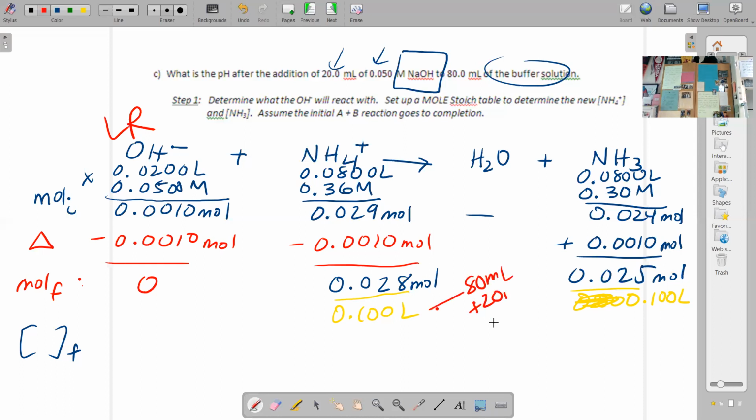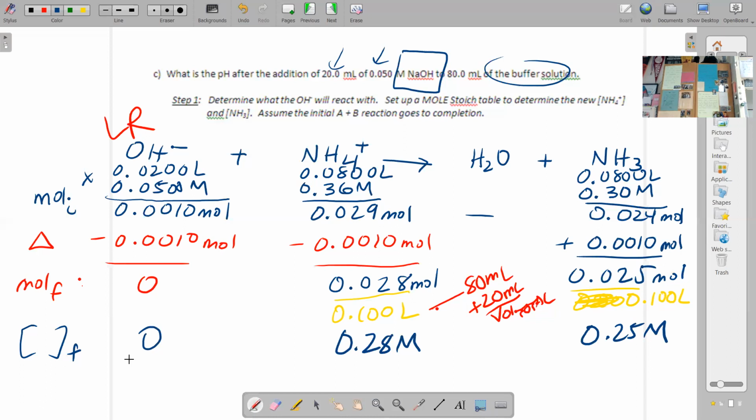Total volume. So what are the new molarities? 0.28 molar for the NH4 plus, 0.25 molarity for the NH3, and of course the OH minus is consumed. So that's the outcome of a mice table. By adding strong base, it did all the stoichiometry for all the moving parts all in one organized table.